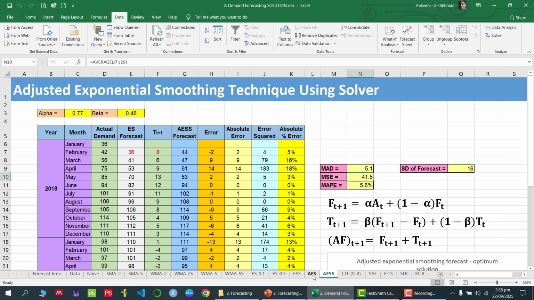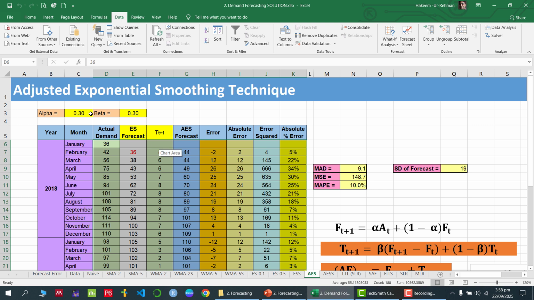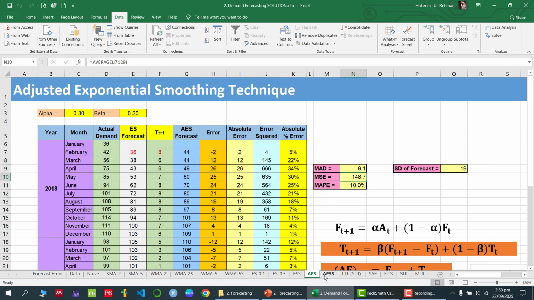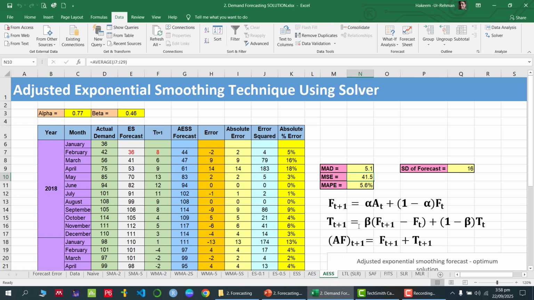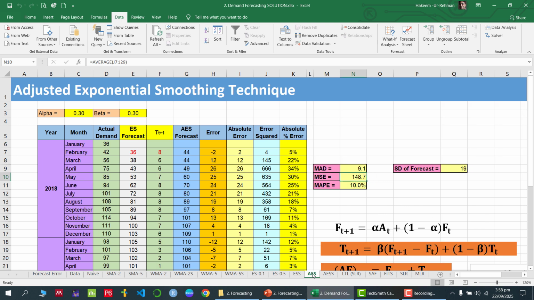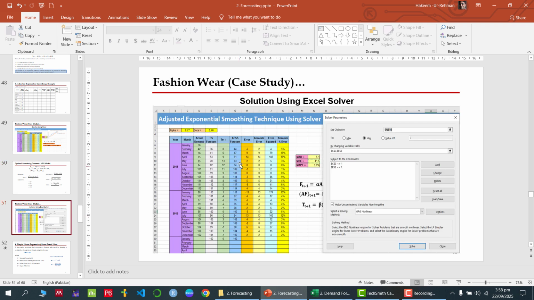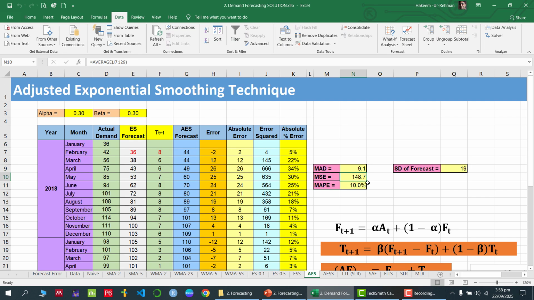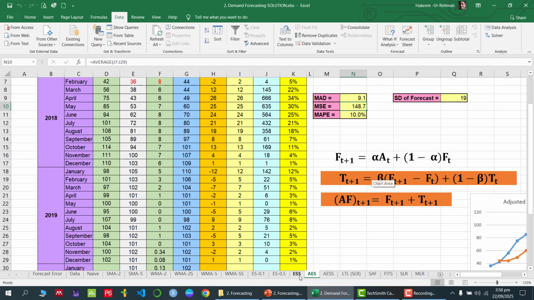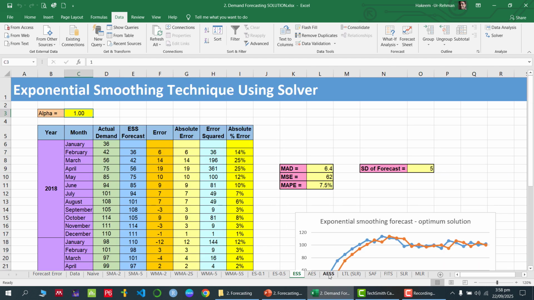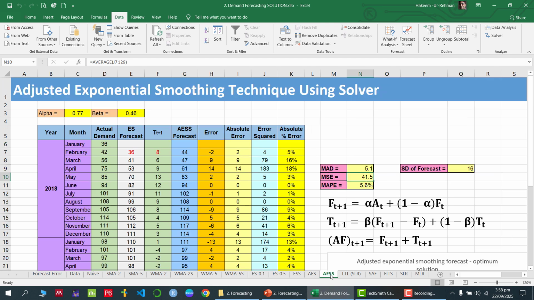As you can see, while we were selecting the alpha and beta subjectively, the mean square error was 148. When we calculate optimally, we are getting a very small mean square error compared to this one. So that means optimally finding the values of alpha and beta is more appropriate for us, right? That is the better one as well.